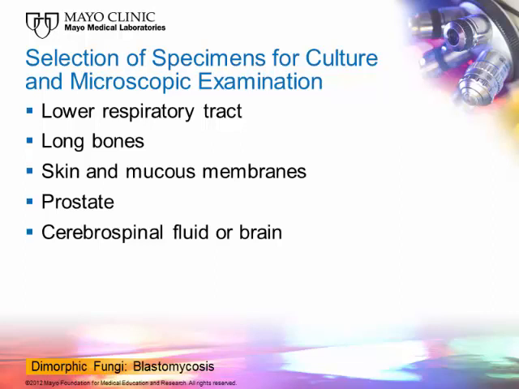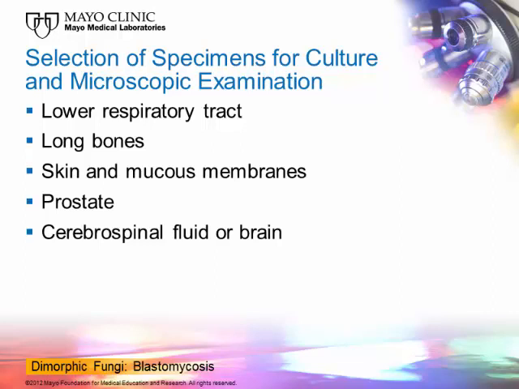One of the manifestations of disseminated disease is skin lesions, and lesions in the mucous membranes, sometimes overlooked when patients wear dentures and the dentures are not removed. Oftentimes you can remove those dentures and see ulcerative lesions that look like carcinoma, and then these turn out to be blastomycosis. Prostate in males is also a site where you can find blastomycosis, and also cerebrospinal fluid.